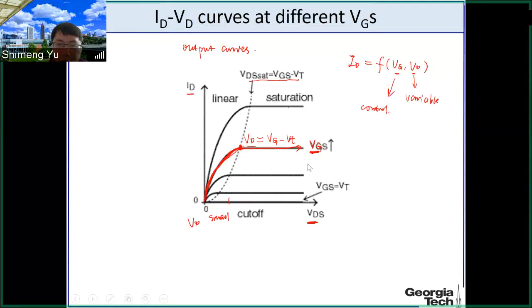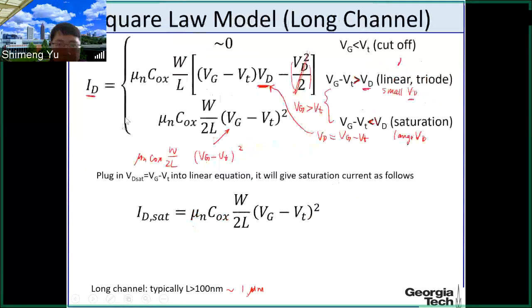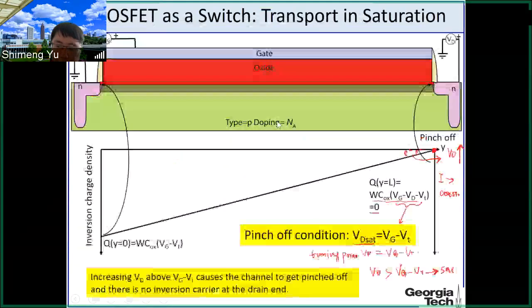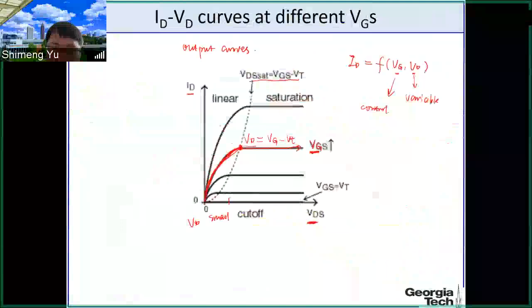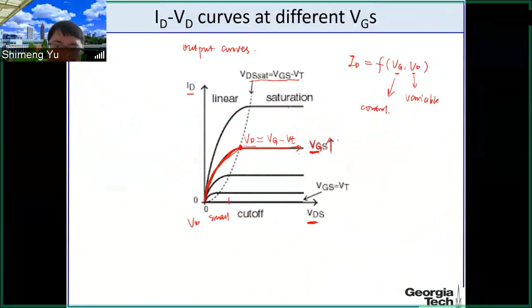If you change the VG, then the saturation current will change. Why? If you look at the equations here, the saturation current does not depend on the VD, but the current depends on the VG, actually squared. So as you increase the VG, you can imagine that the saturation current will increase.